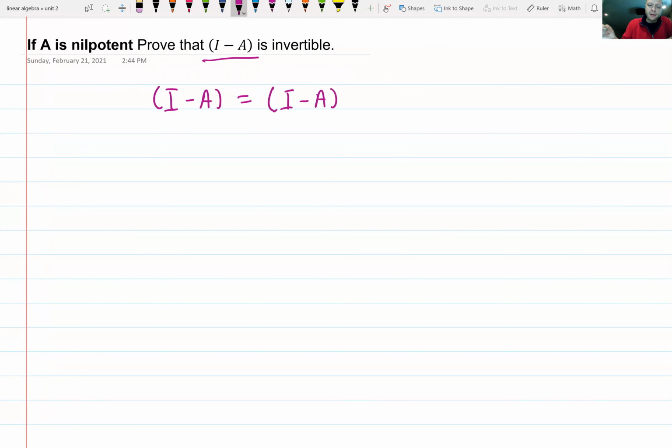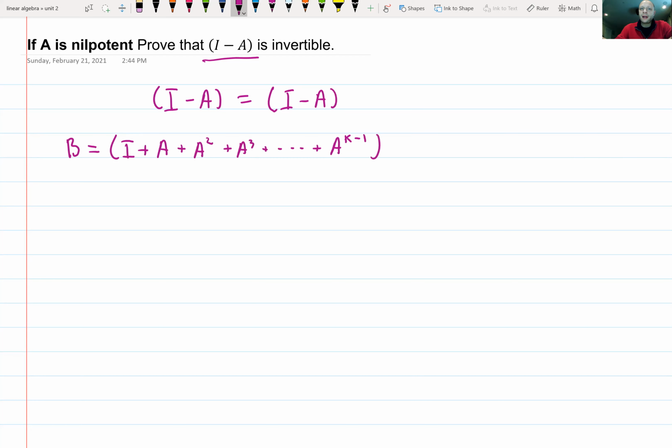And then I'm going to let the B matrix, actually, I'm going to let that equal I plus A squared plus A cubed plus dot dot dot plus A to the K minus 1.